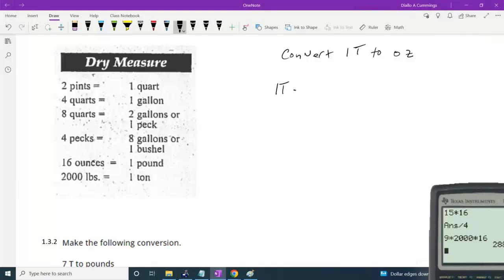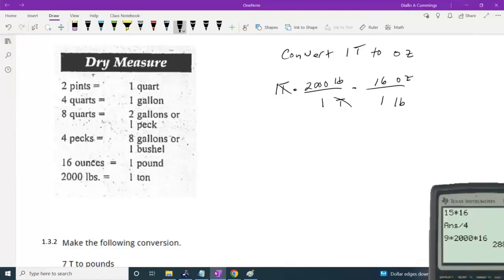Right, so I have 1 ton. So just like we did before, I have to convert tons to pounds and then pounds to ounces. So 1 ton is 2,000 pounds, and then 1 pound is 16 ounces.